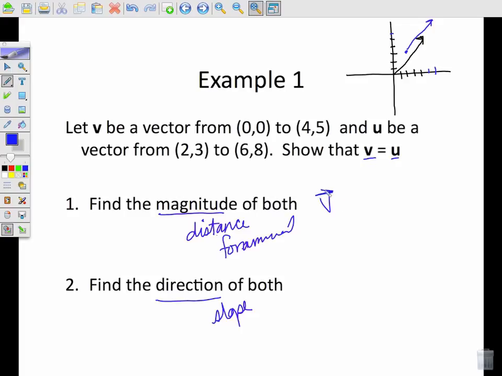All right, well, let's go ahead and do the distance formula for vector v. You'll see the notation for vector v looks like a straight line with a little half arrow on top, and the magnitude of it looks like this. This is magnitude.